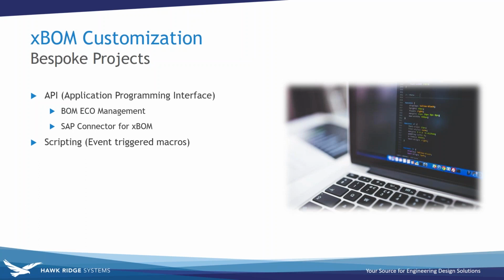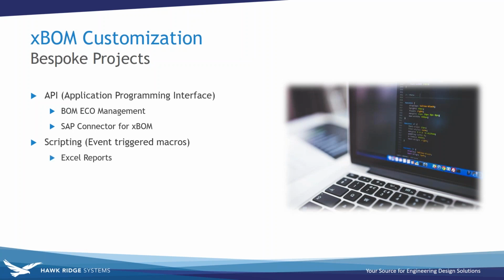So it's much easier to present BOM change information through the XBOM interface than it is from PDM. And so as the foundation for a connector to SAP, which only wants to change information, it made sense to leverage XBOM for that. And of course, if you want to add on to that, managing non-modeled parts and the other things that you're going to do with the BOM, then it makes sense to build that on top of the XBOM foundation.